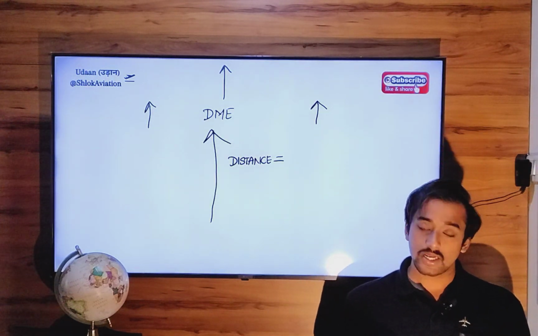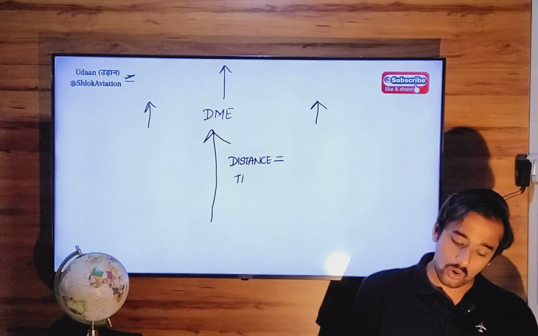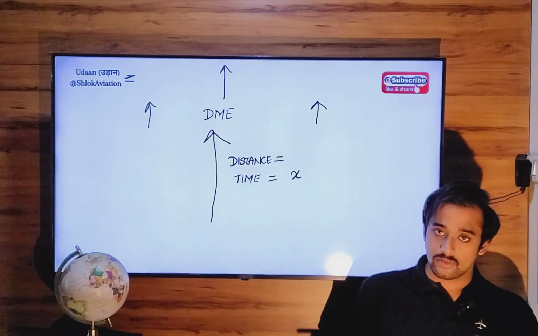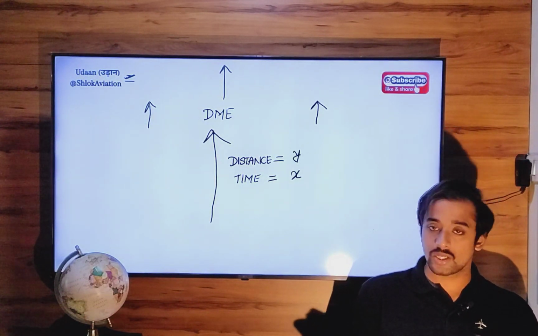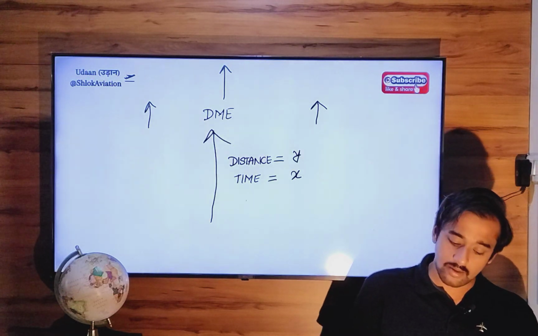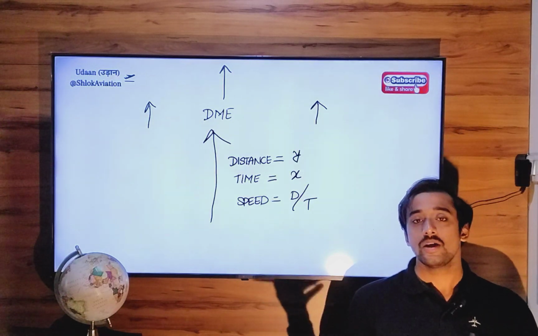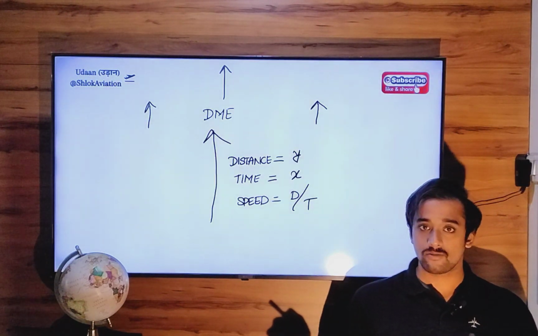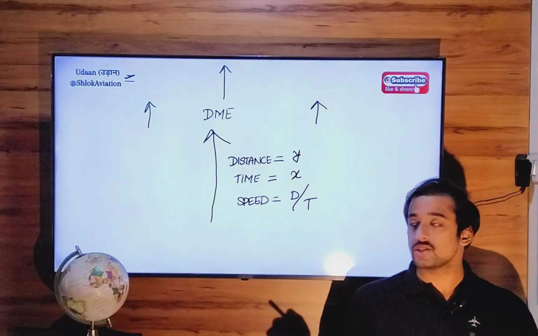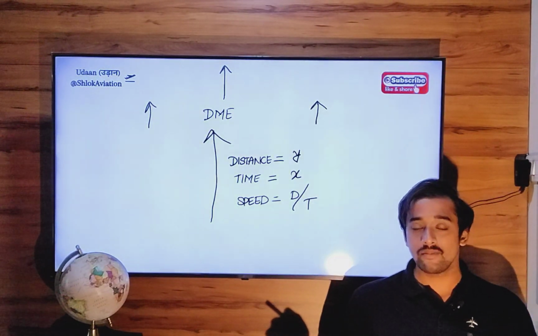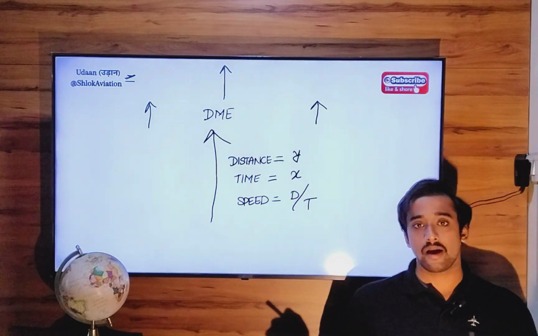Okay, so the time it takes for the signal to go and come back will be registered here. The distance you are away from the station, once you know your distance and time, you can calculate speed, which is distance divided by time, and that is how you come to know the ground speed of your aircraft, by knowing the distance you are away from the station and by calculating the time it takes for the pulses to go and come back.